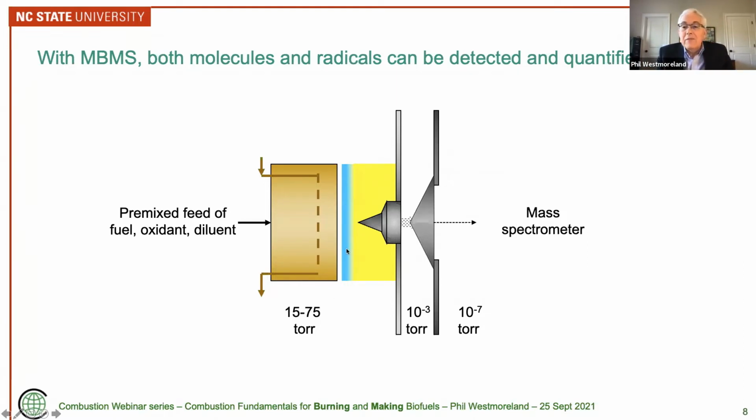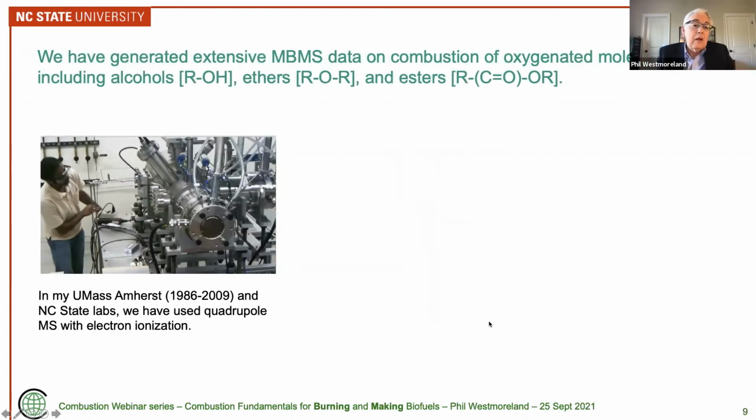Typically, to get the flame thick enough to see, say about 10 millimeters thick, we have to go down to 15 to 75 torr. The expansion then goes down 4 orders of magnitude or so, order of 10 to the minus 3, and then down to 10 to the minus 7, 10 to the minus 8 for the mass spectrometer.